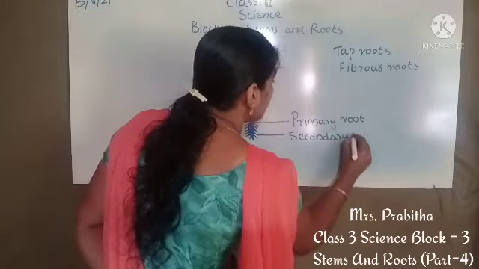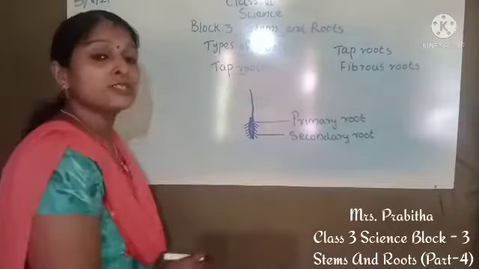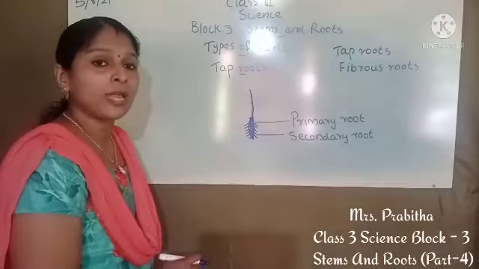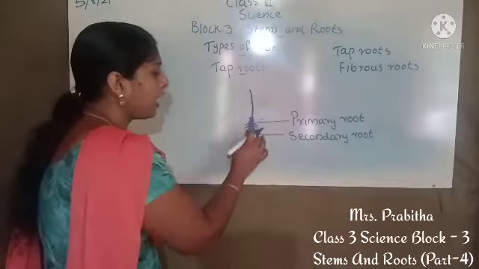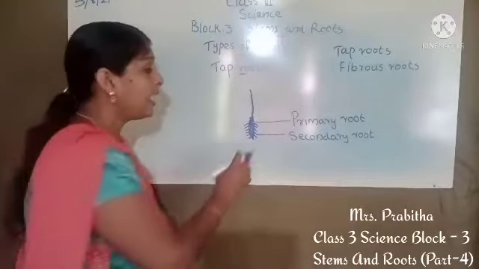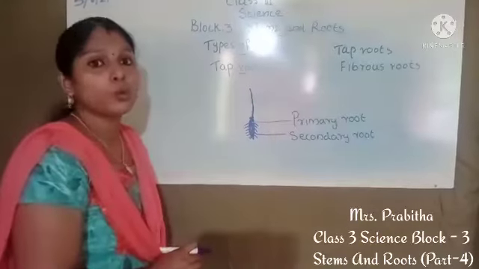So there are two types of roots in a taproot, primary root and secondary root. Primary roots are the strong main root, and the secondary roots are the small roots that come from the main root.